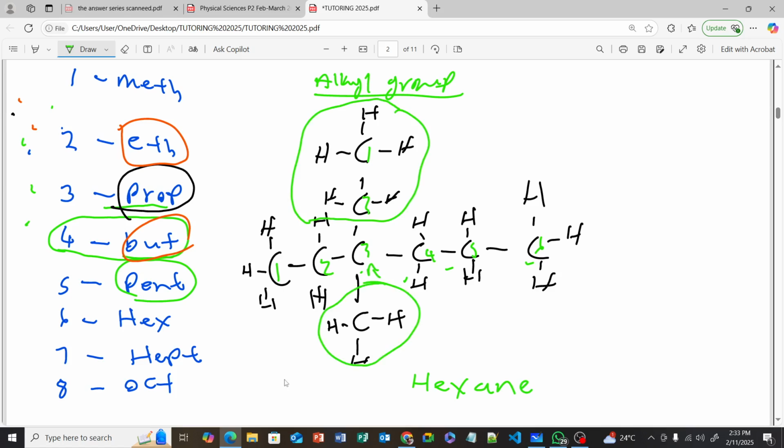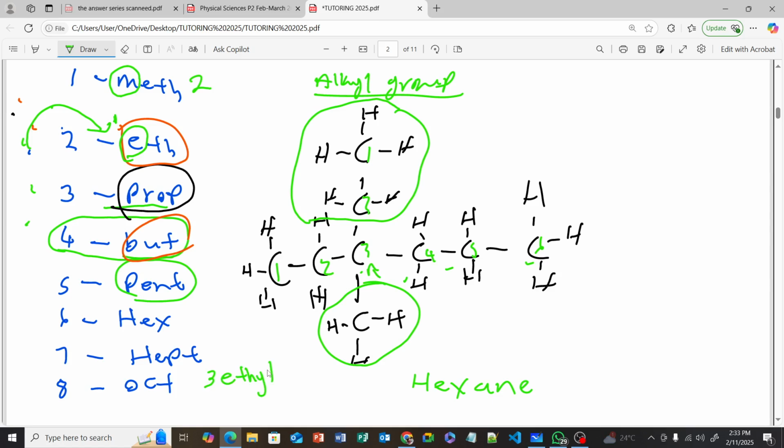So what will be the name? Now the name will be prioritized according to alphabetical order. So between E for ethyl and M for methyl, what comes first in the alphabetical order? E comes first before M, which comes second. So we will say at position number 3, we do have an ethyl.